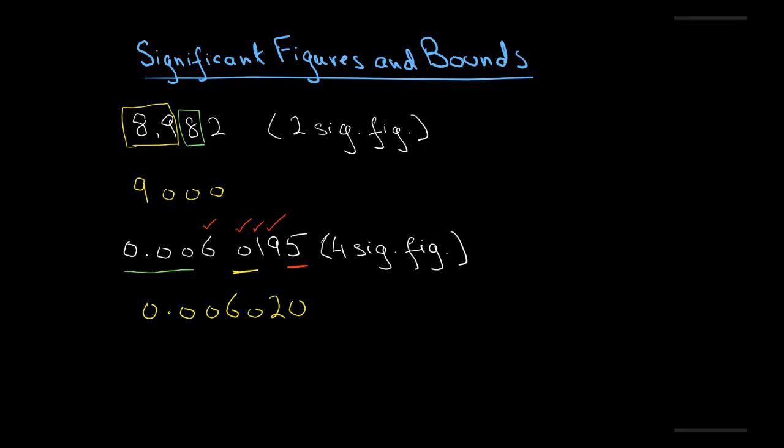Okay, now this 0 is important. This 0 you can't get rid of, because this 0 is saying that I have four significant digits. So if you wrote it without this 0, this would only have three significant figures. The 602 are significant.